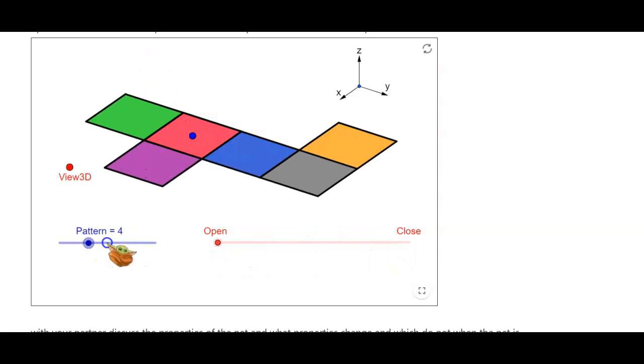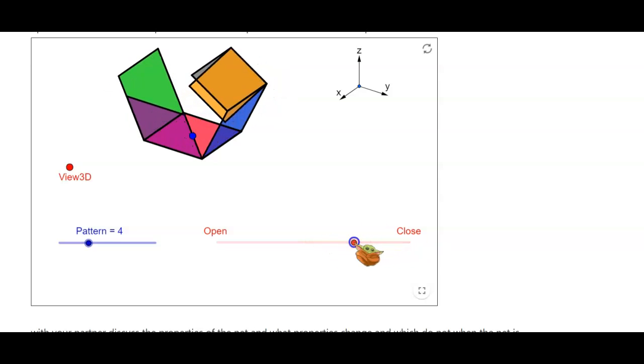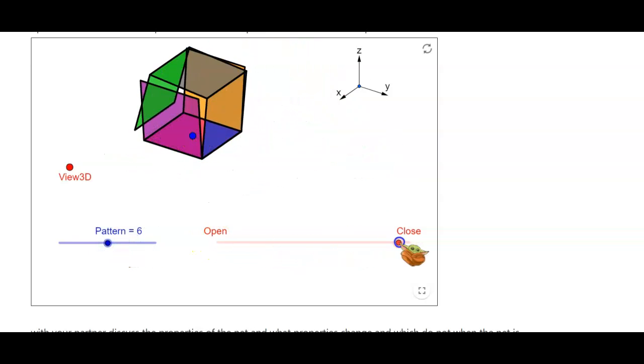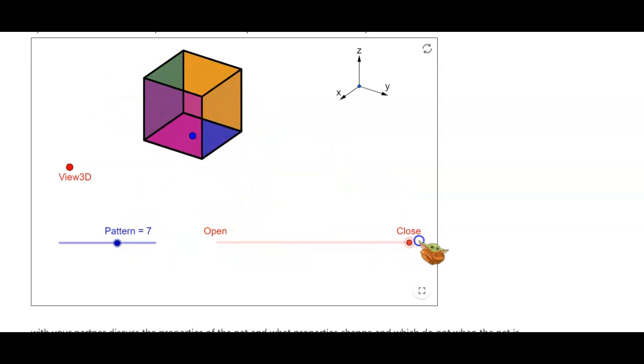Look at all the different ways they can close and still make some sort of rectangular prism. Oh, and that one. Wow, pretty neat. Again, the biggest takeaway is you got a front, a back, top, bottom, left, and right, no matter which way you open or close it. All right, enough of that.